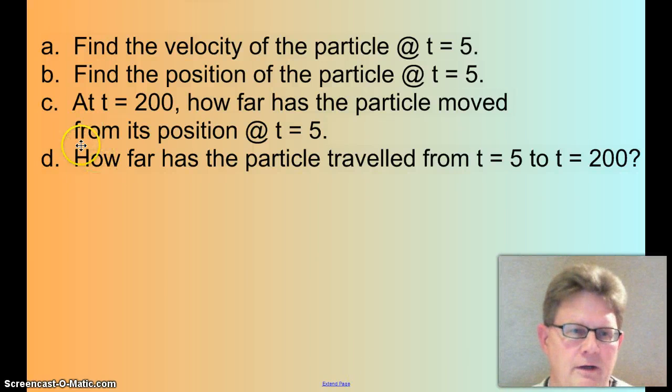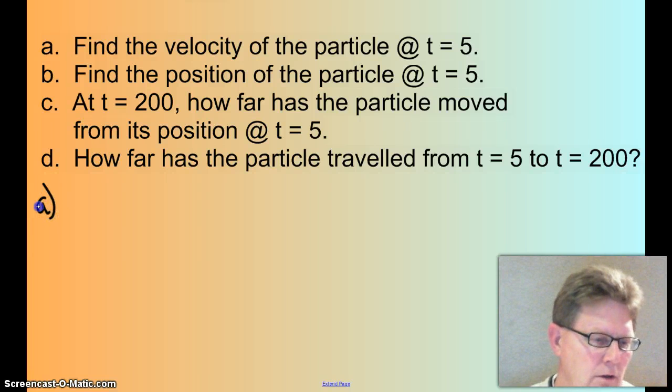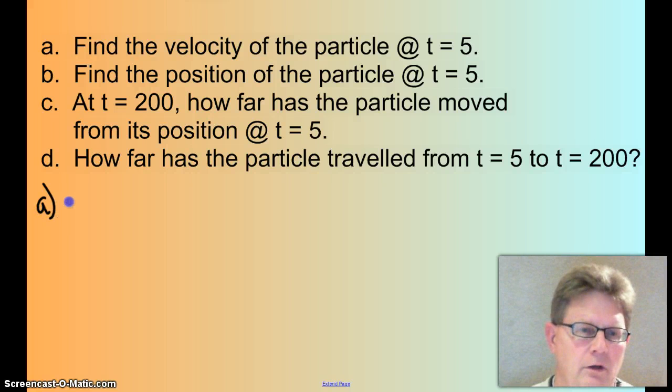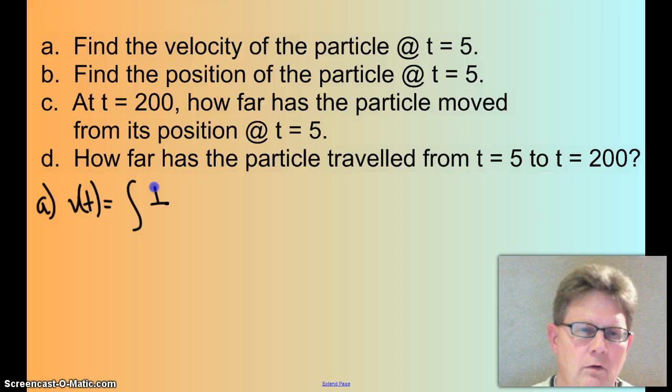Alright, so let's go ahead and attack this problem. Part A. It's asking for the velocity. So once again, we're going to go v of t equals the integral of a of t, which is 1 over t plus 1 dt.